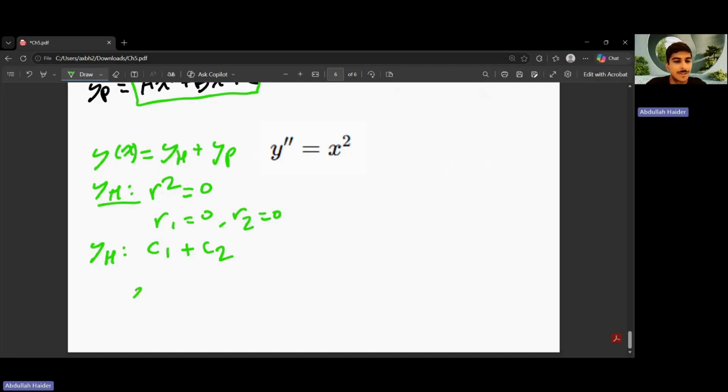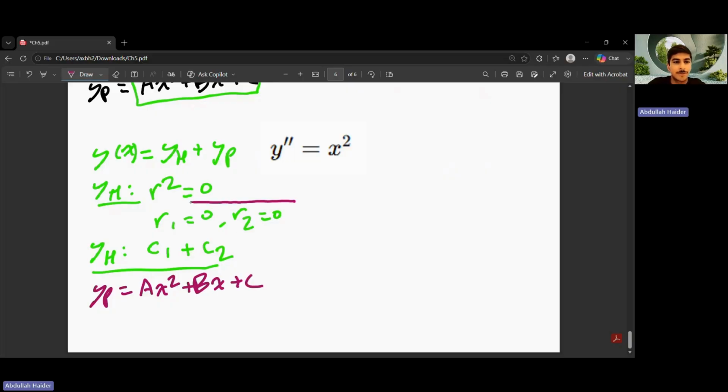Because it's e power 0, which is 1, so we don't have to write the exponential. So this is your yh, and yp is going to be the highest degree polynomial expression of the right side, ax squared plus bx plus c.